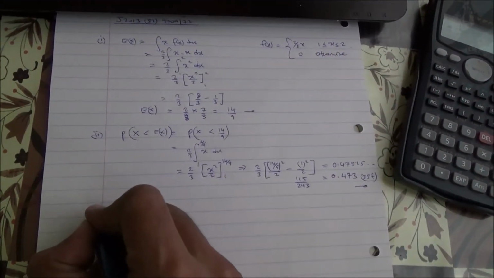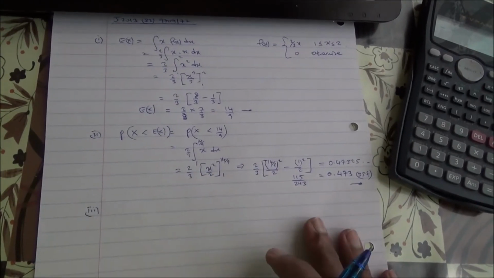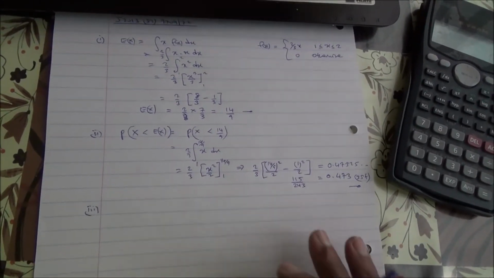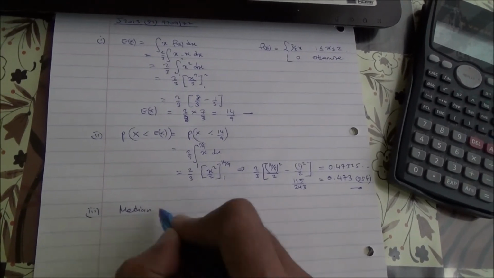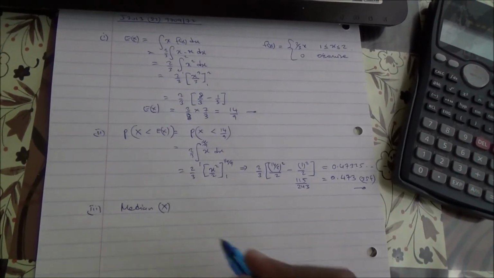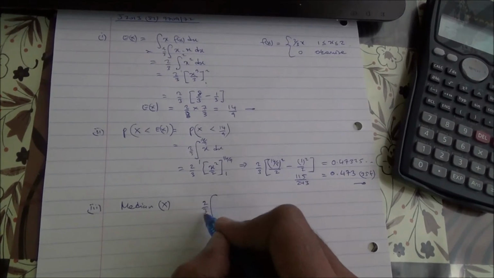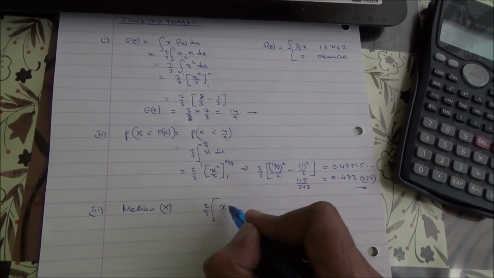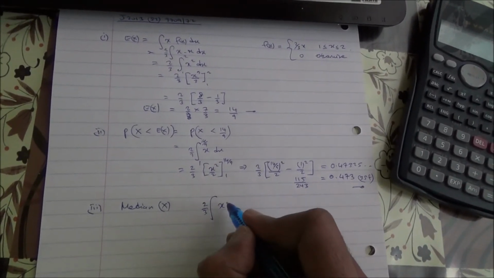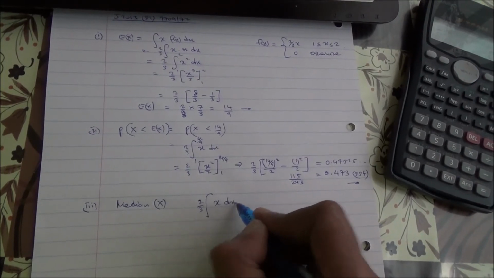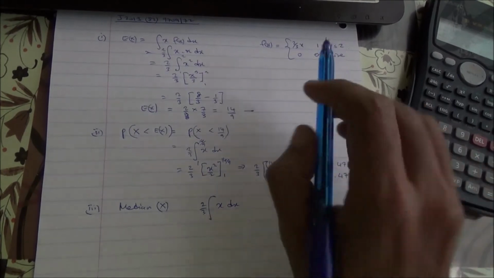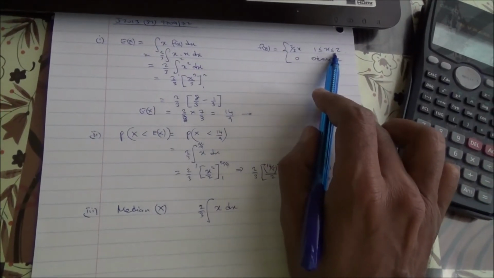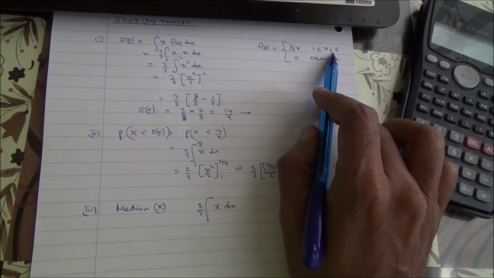Now for the third part, we need to explain whether the mean of x is less than, equal to, or greater than the median of x. So let's find the median of x. What's going to be the median of x? We have 2/3 x, so we're going to integrate x with respect to x, and because we're talking about the median, that's from 1 to 2.